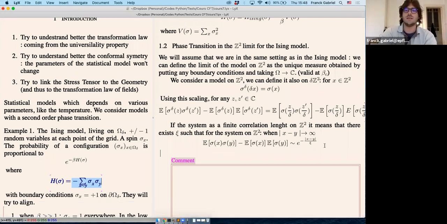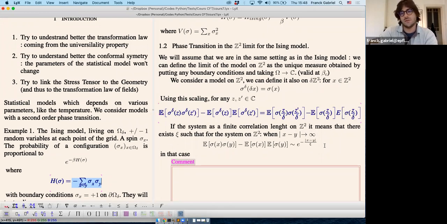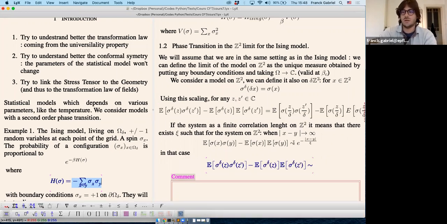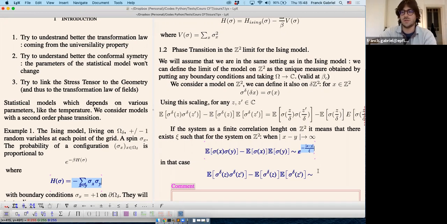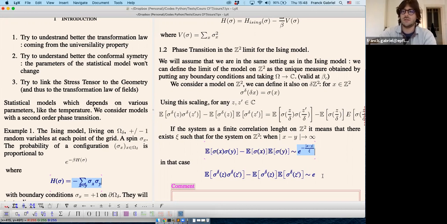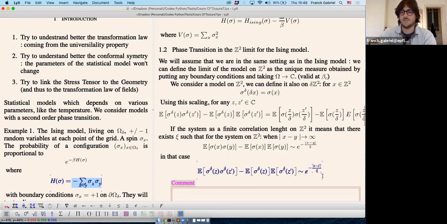So in that case, the thing on the left will be equal to this, with z prime and also delta.